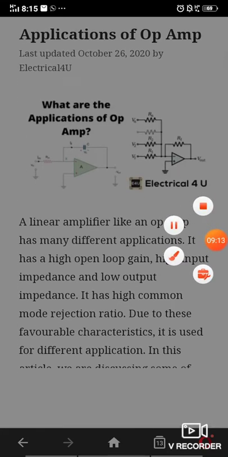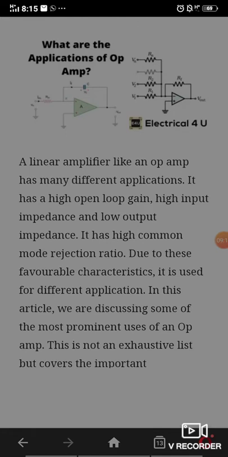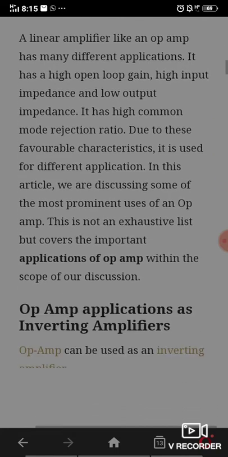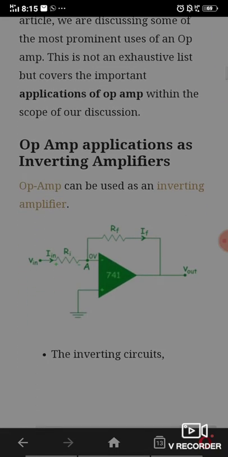A linear amplifier like an op-amp has many different applications. It has a high open loop gain, high input impedance and low output impedance. It has a high common mode rejection ratio. Due to these favorable characteristics, it is used for different applications. In this article, we discuss some of these points.